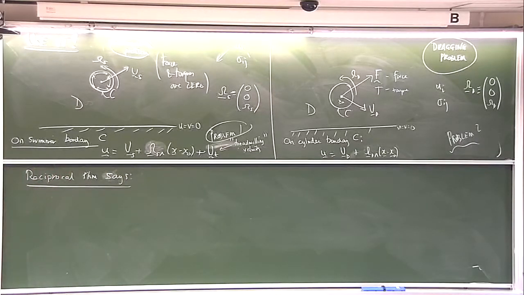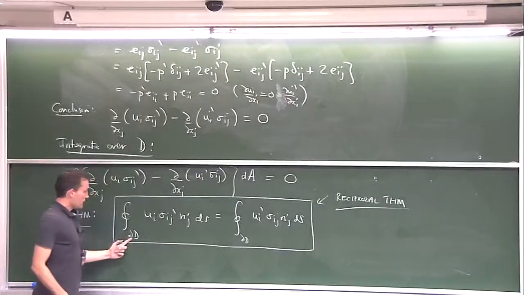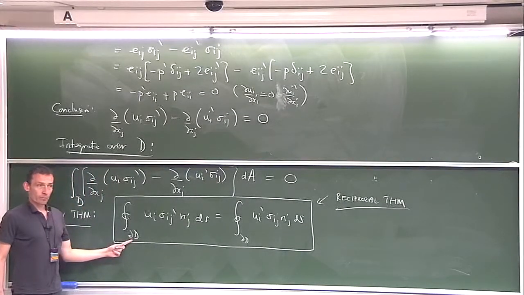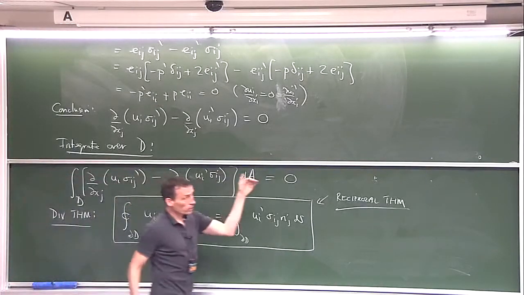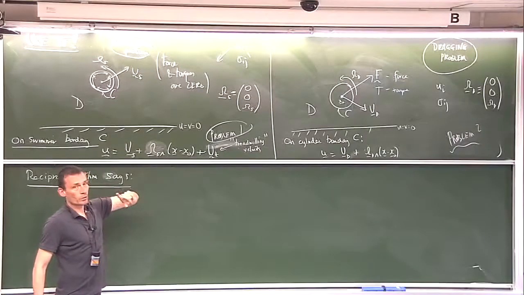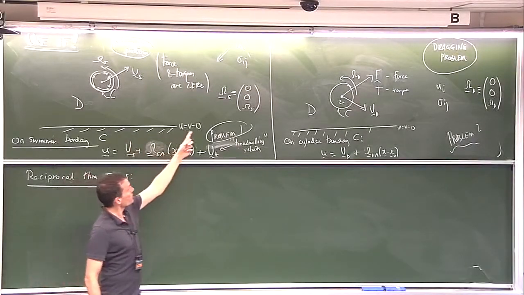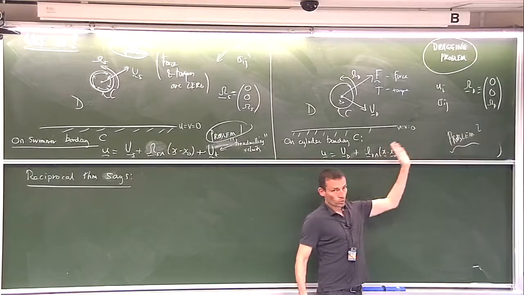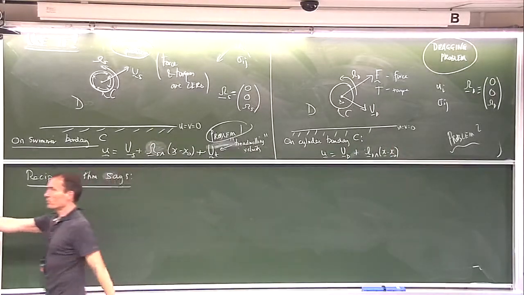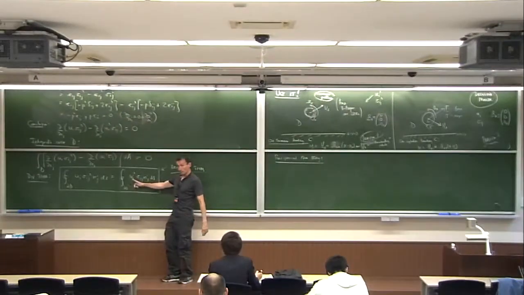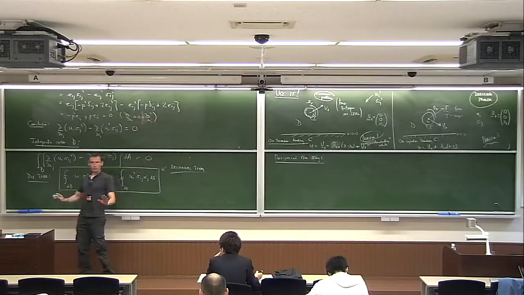What does the reciprocal theorem tell me? Well, here it is. And the whole point is, this has got to be around all of the boundary components. So we've got the lower wall and C. But you'll notice, because I've insisted that both problems have no slip on the wall, because the U appears here for both problems, there's no contribution from the wall.